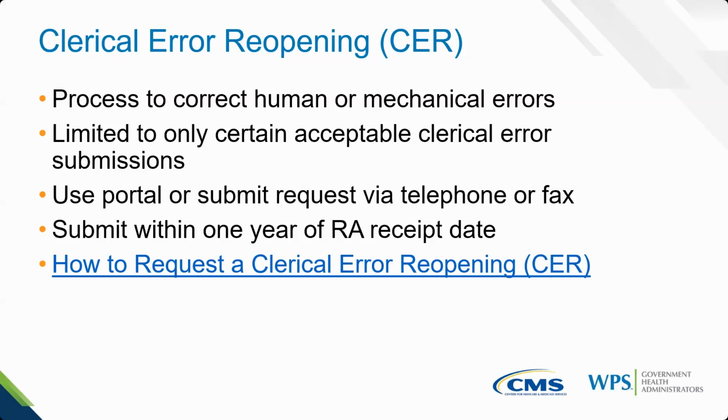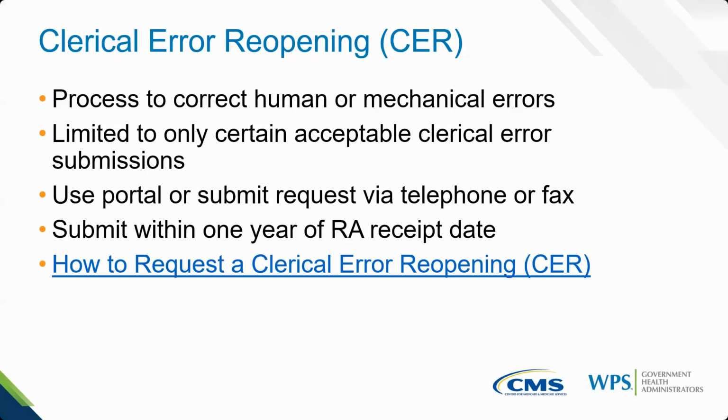But there are some examples also of situations that cannot be processed as a clerical error reopening. These are included in what I think is a great resource. It is the final bullet that you're looking at here on this particular screen. It's called How to Request a Clerical Error Reopening. That is a resource that's available on the WPS-GHA website.